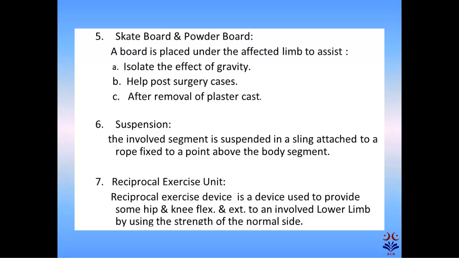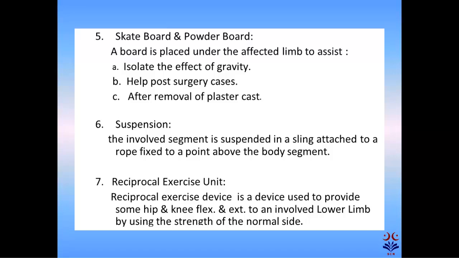If the motion is carried out on a skateboard or over a powder board, less muscle effort is required to complete the range of motion, so the powder board or skateboard is assisting the movement.